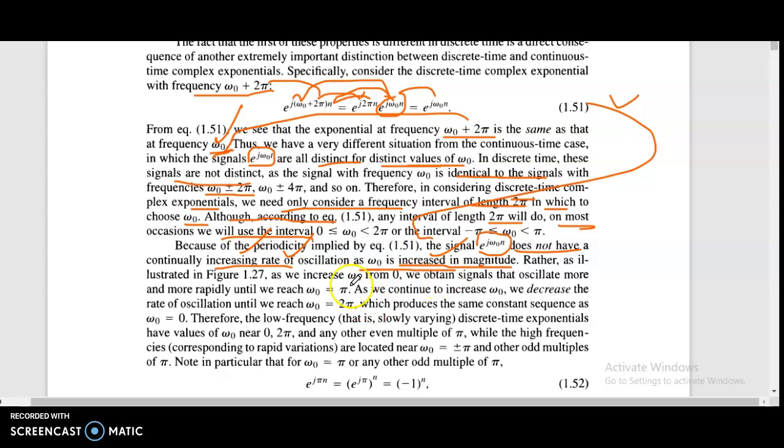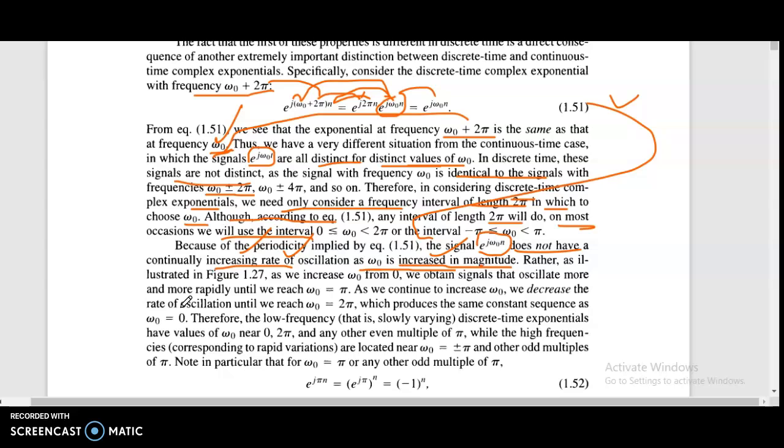Rather, as we increase omega naught from 0 to pi, the rate of oscillation increases, but as omega naught increases from pi to 2 pi, the rate of oscillation decreases until we reach 2 pi, which produces the same constant sequence as omega naught equal to 0.